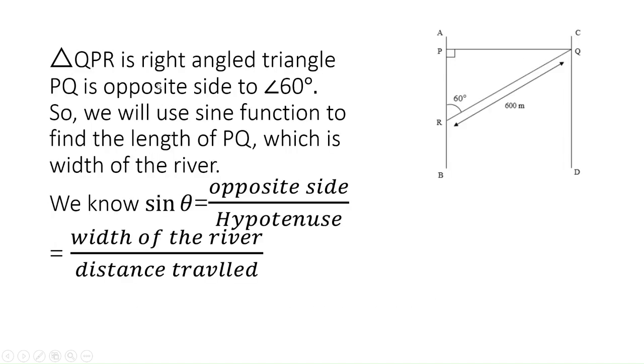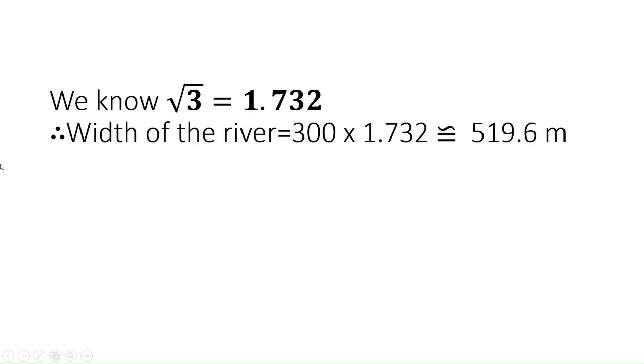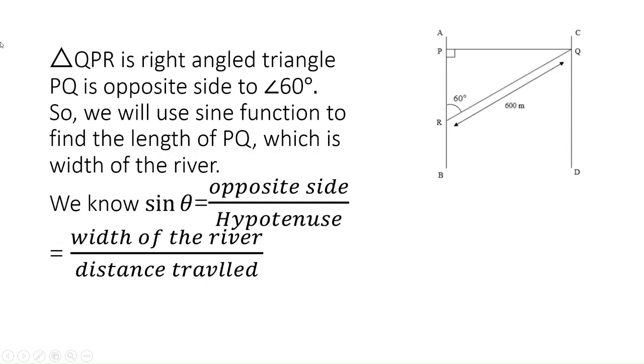Here we know RQ, we know the angle 60 degrees, but we need to find out PQ. As we know, obviously RQ becomes the hypotenuse for the triangle QPR.